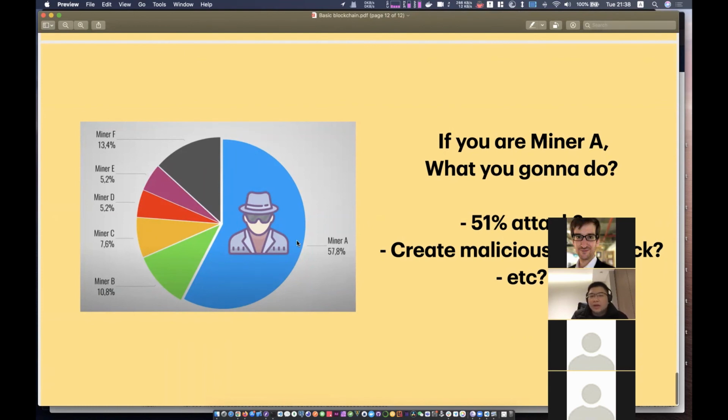They don't want to do that actually, because you will drop the value if you create a double spend in the chain, or you create a wrong block in the chain, or you cheat. Okay, it's not good. But they have the ability to create malicious content in the next block. They have the ability to change some information. Okay, so I think that, time by time, they can own this data and own the right to mint or create the next block.